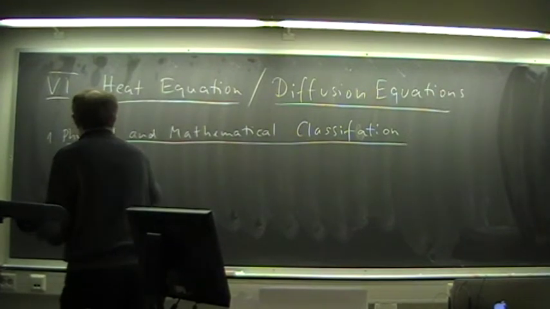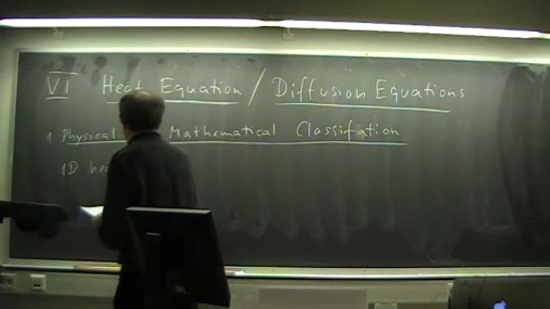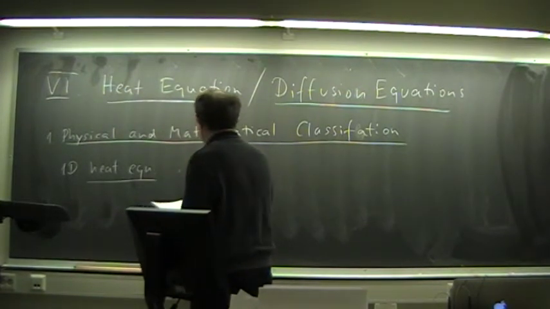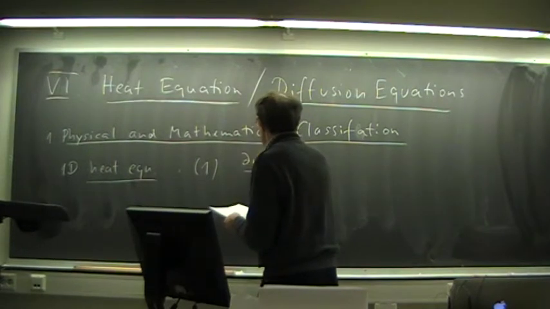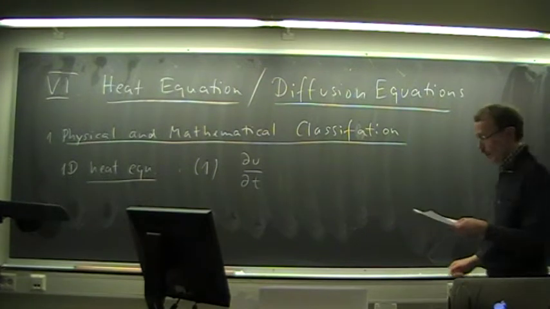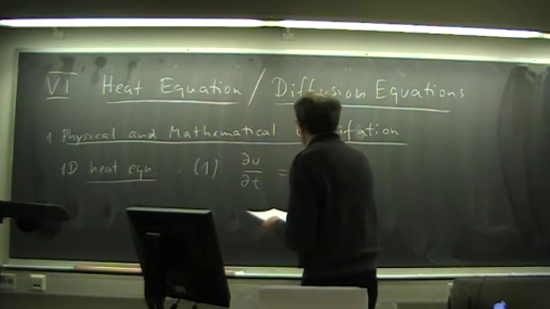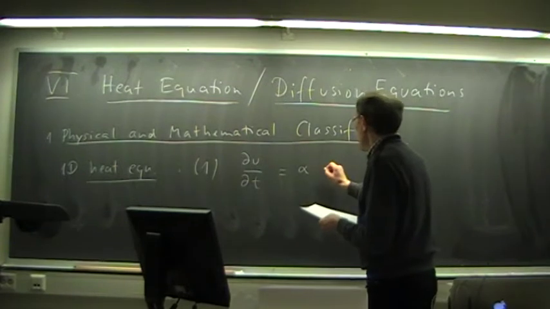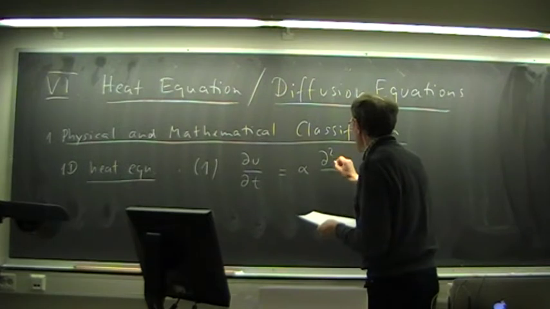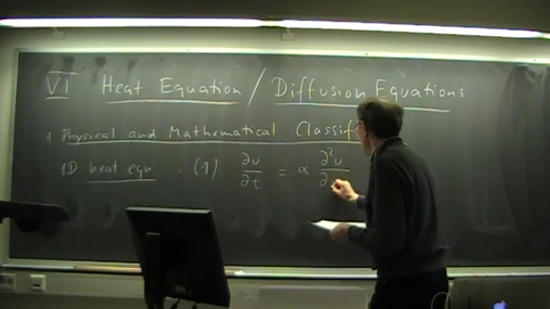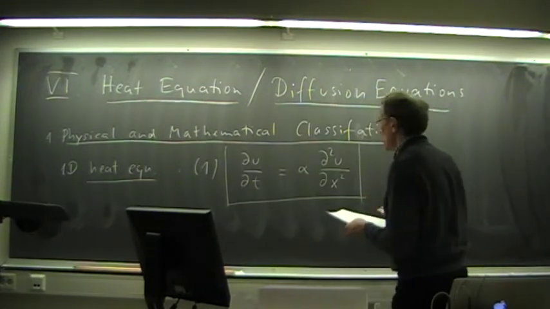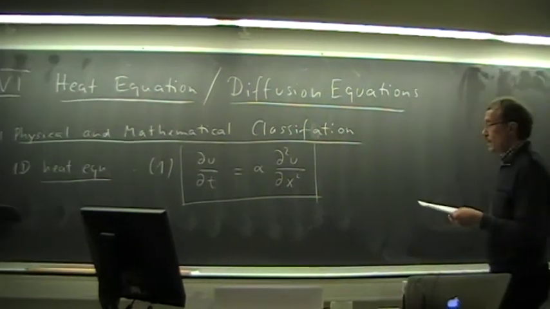As an example, I'll take the heat equation. And that is the following. We have the time derivative of U; it will in that case be temperature. It is equal to, on the right-hand side, a coefficient alpha, which is the thermal diffusivity, I'll write that in a minute, times the second derivative of U with respect to x. So that is the heat equation.